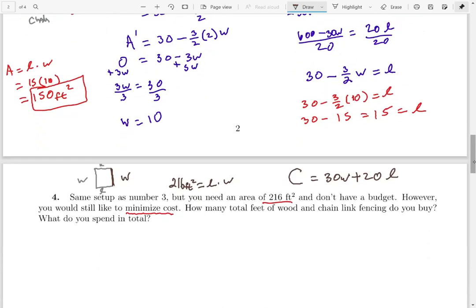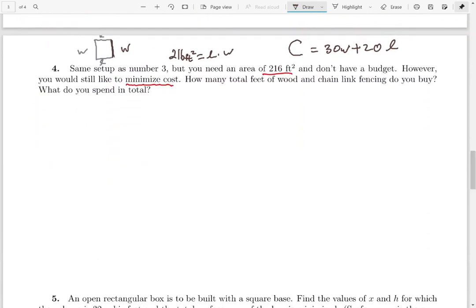And then I recognize now that what's really happened is I've changed what's my constraint and what's my objective. So now in this situation, my constraint equation is the area formula. And my cost function is my objective formula. And so those have been swapped on us, but that's perfectly fine.